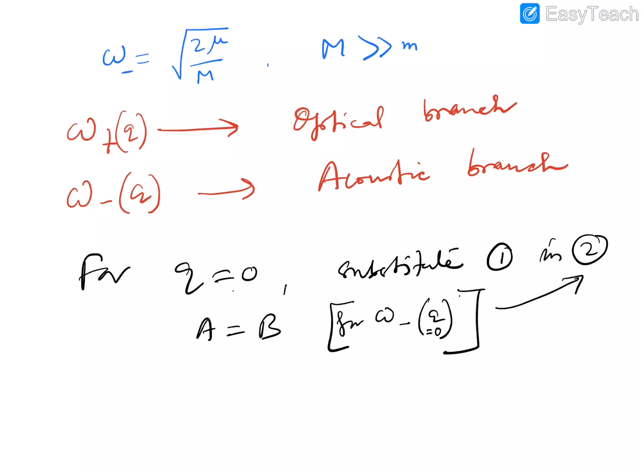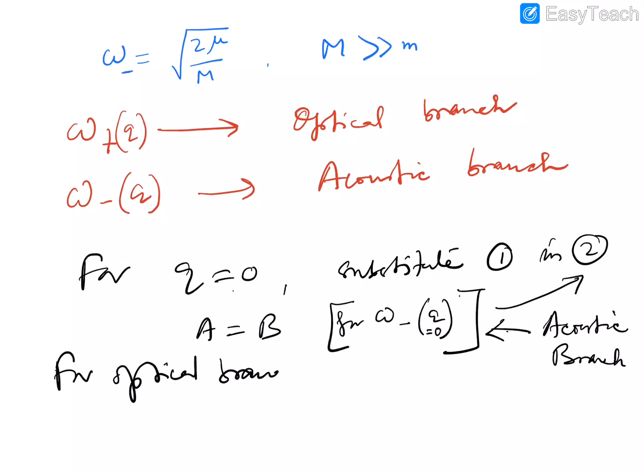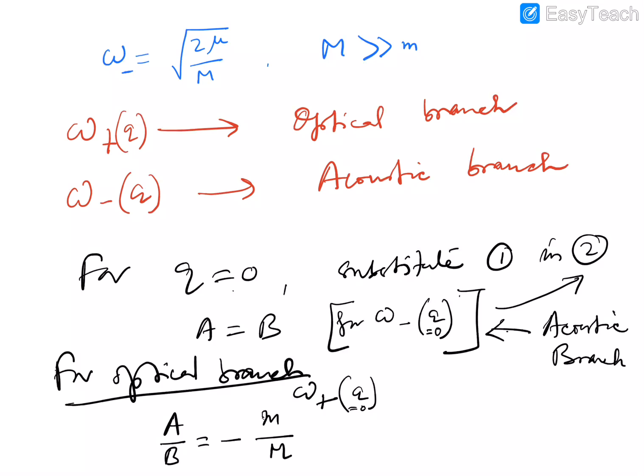Whereas for the optical branch, that means for omega plus of q, where q equals 0, once we put that in, we find that a by b is equal to minus small m by capital M.